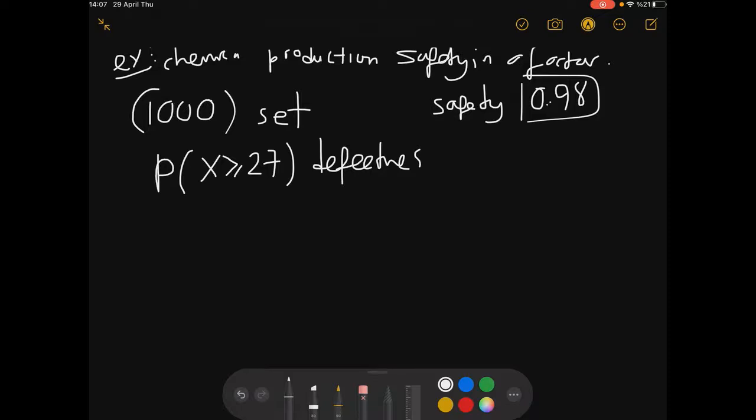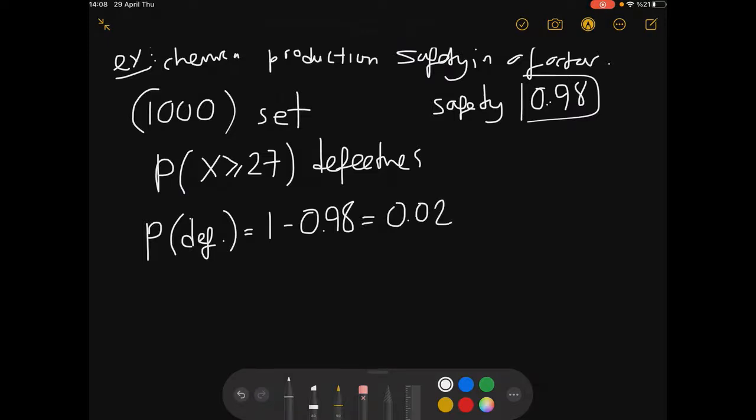Now let's find the probability of defective here. One probability of defective here is 1 minus 0.98, it is 0.02.